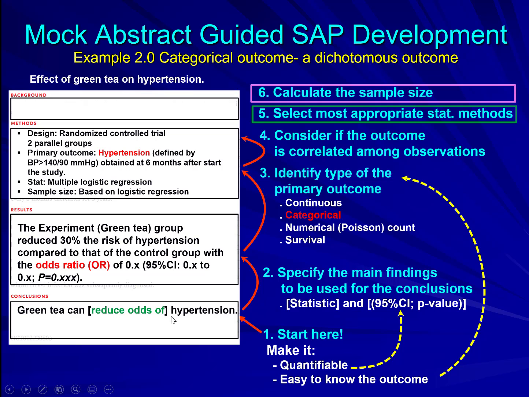And from this, it is quantifiable, easy to know the outcome. Then you see the example of how we present the outcome. Just change the measure of effect from the mean difference of the body weight to the odds ratio: the ratio of the odds of having hypertension in the T group compared to the control group.